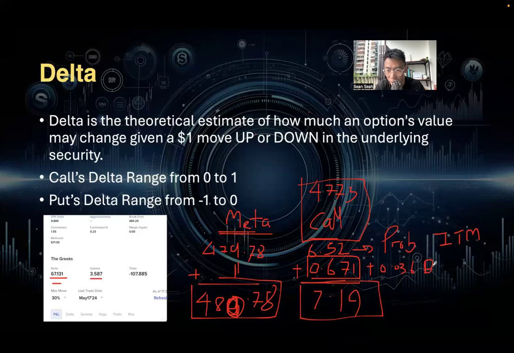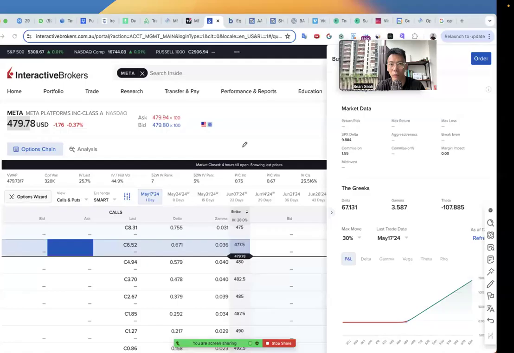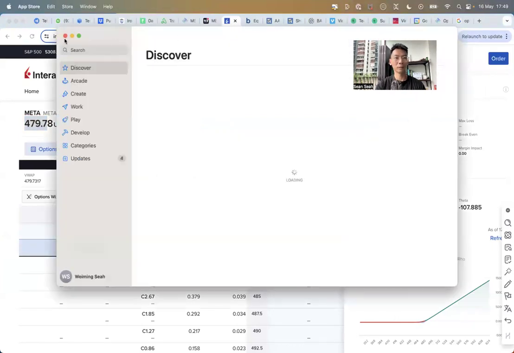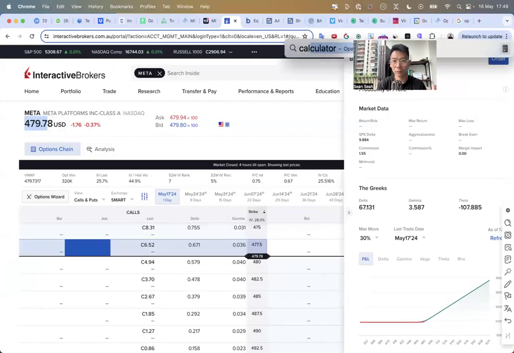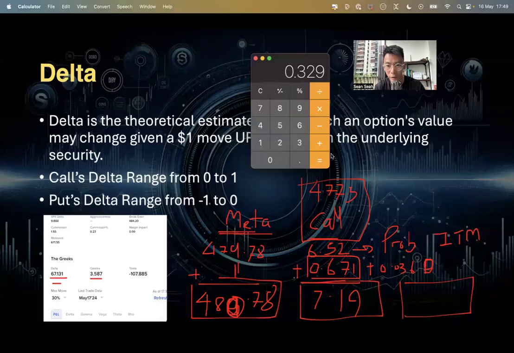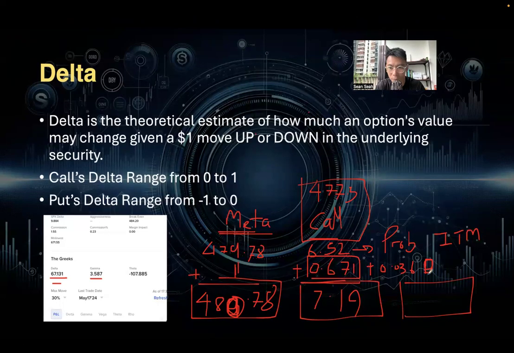So the new, projected delta will be 0.671 plus gamma 0.036, which is 0.707.